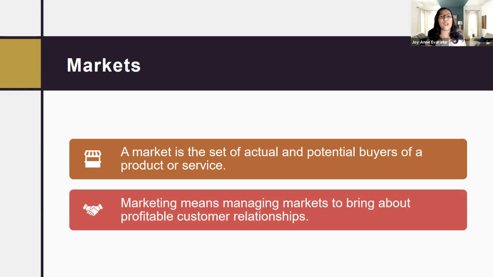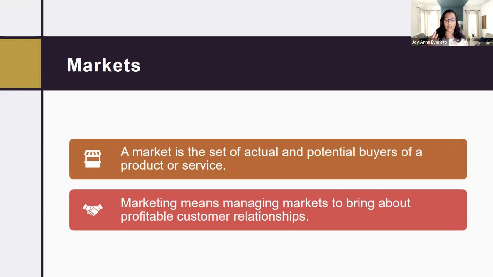Markets are your potential buyers, those who have the potential to buy your product or services. How will you know if they are a set of actual and potential buyers? Remember what we discussed in customer needs, wants, and demands. Your potential buyers are those who can demand your product, meaning they have the purchasing power to avail of your product or services.